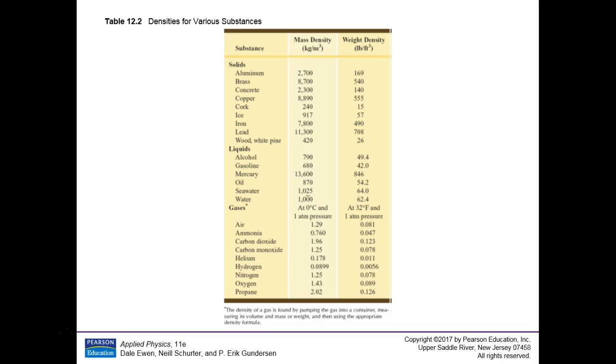Okay? A few other things to note. Ice being less dense than water, so it floats. We talked about that. Seawater is just slightly denser than water. That was the 64.0. That was the one I was starting to put down. Now, what does that mean for us? Ever been swimming at the pool?